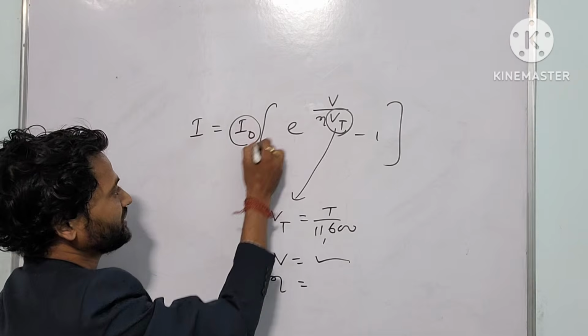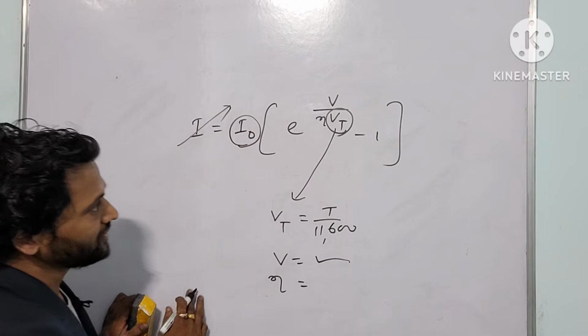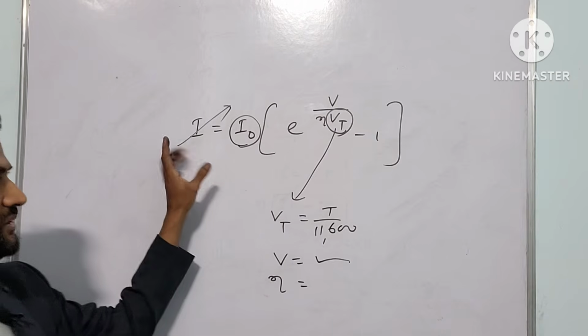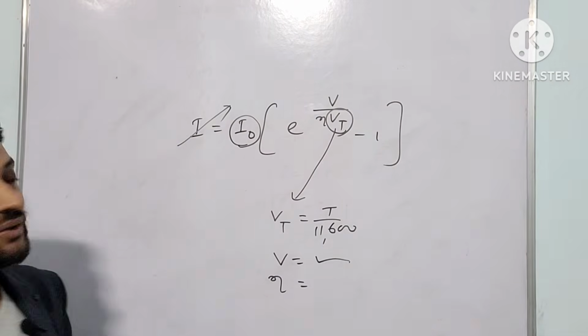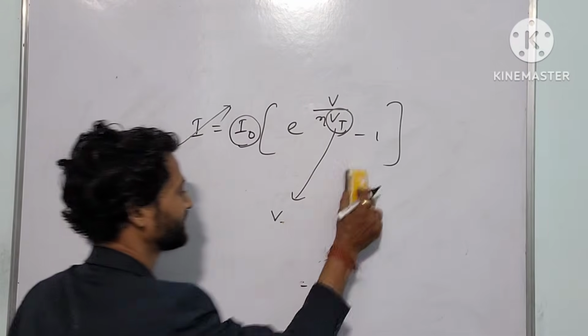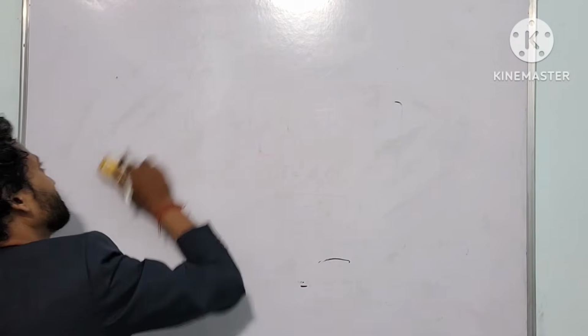I naught will be given to you, have to find out I. और कोई भी पैरामीटर देखो, there are various parameters, so except one parameter, rest of the thing will be given to you. You need to find out the unknown parameter by putting this equation, right? So एक numerical करते हैं देखो.